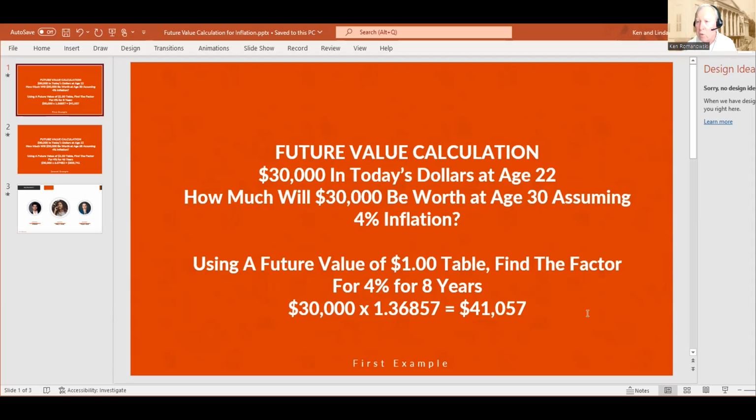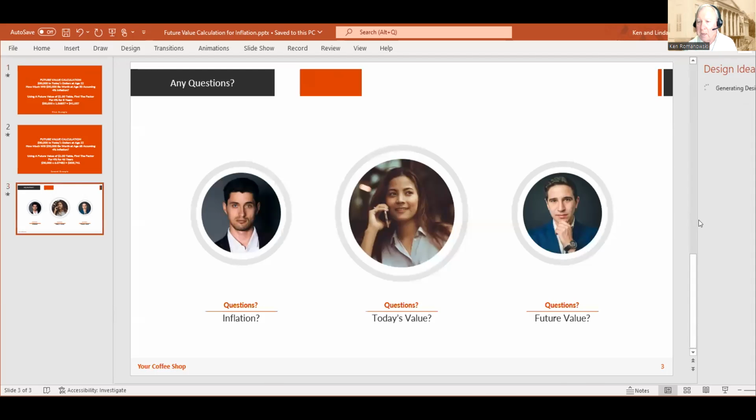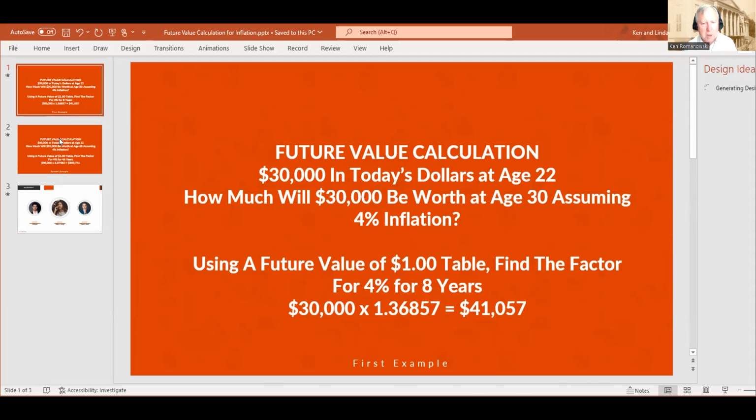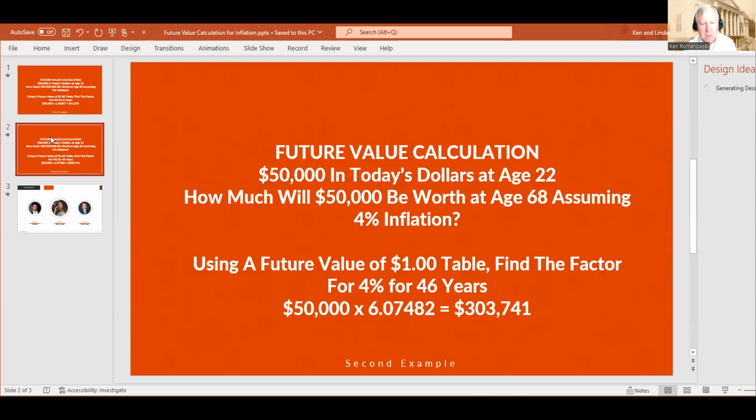Let me give you one more calculation to make sure that you understand the concept. In this example, we're going to use an amount of $50,000. We're going to again start at age 22, and we're trying to find out how much $50,000 will be worth at age 68, assuming a 4% inflation rate. So we're going to go again to the future value table.